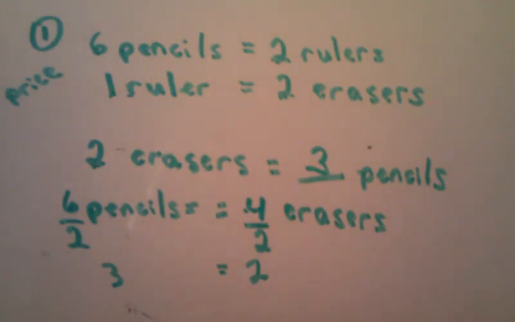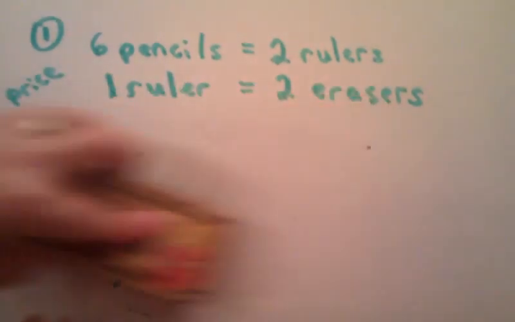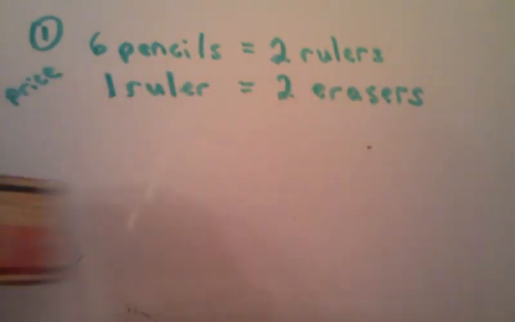You kind of getting the hang of this? Okay. Now, still on number 1. Number 1 says, if you don't know how to do this, draw a picture. Whatever you need to do to figure it out.